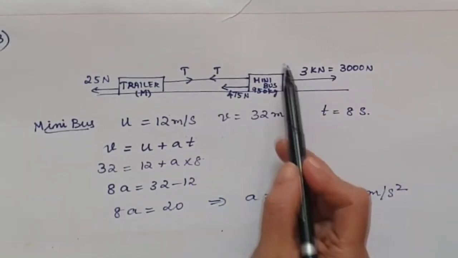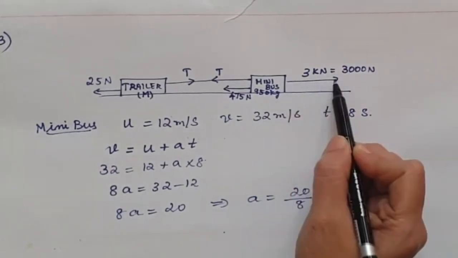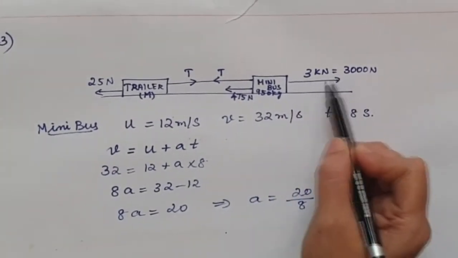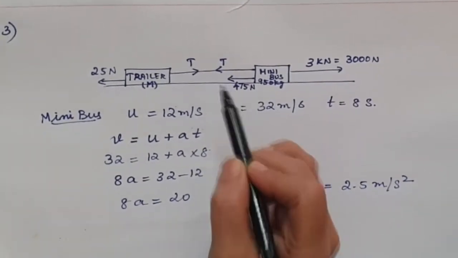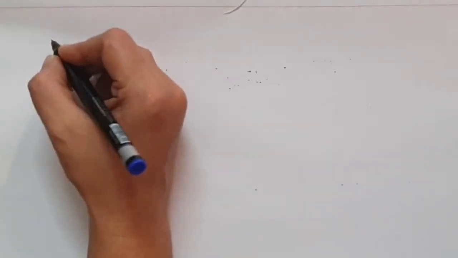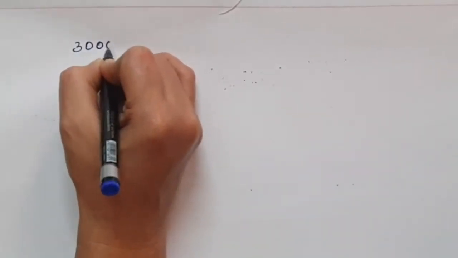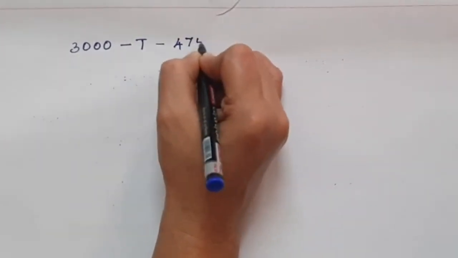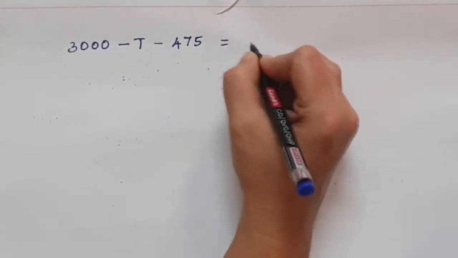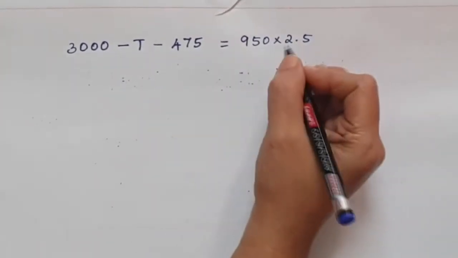Now when we take the net forces acting on the minibus, the 3 kilonewton is in the positive direction. The tension and 475 are in the opposite direction. So by Newton's second law for the minibus, we have 3000 minus tension minus 475 equal to ma, 950 into 2.5.